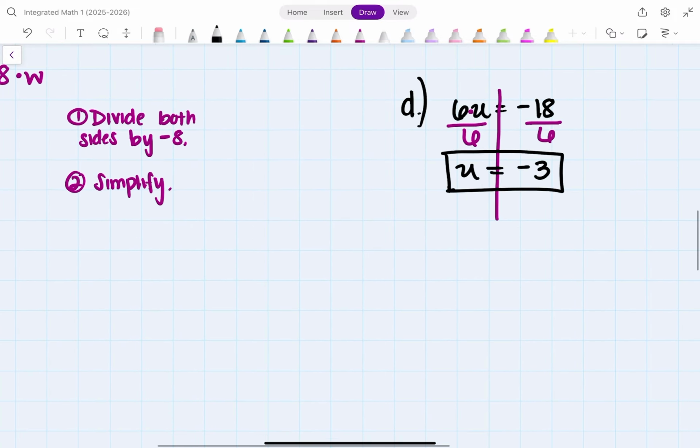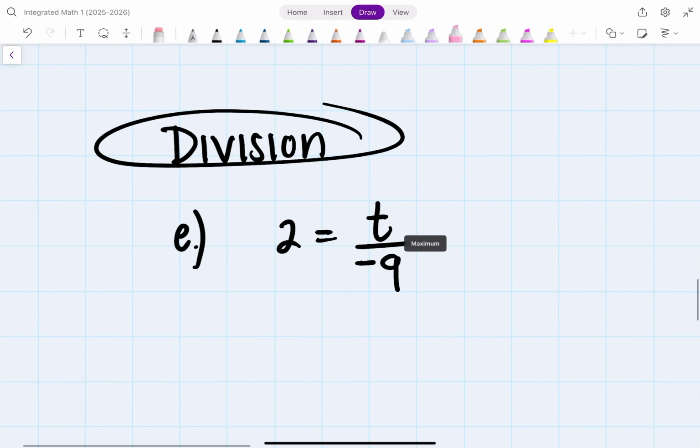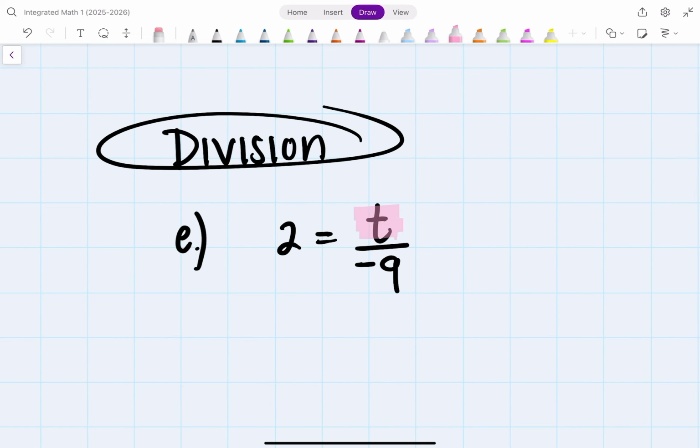Next one, guys, is division. This is E, and I have 2 is equal to t over negative 9. Now, on this one, once again, the goal is to leave t alone. I want to leave my variable alone. The only way for us to do this is to get rid of that negative 9.